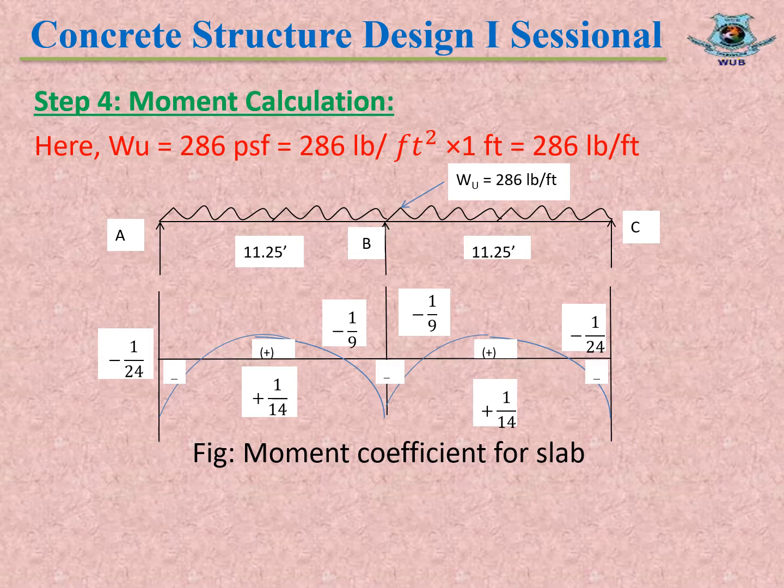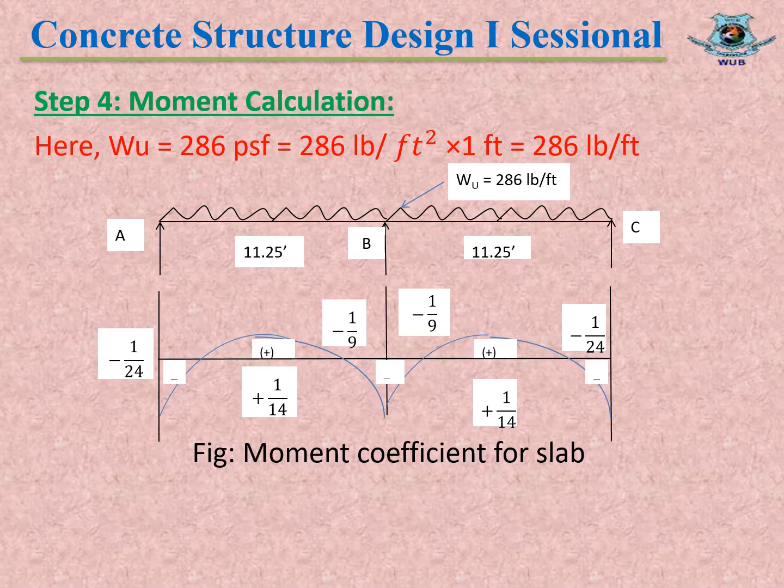Step 4. Moment calculation. Total load Wu equal to 286 psf into 1 feet equal to 286 pound per feet. Here 1 feet is the width of the slab. As in one-way slab, we always take width b equal to 1 feet or 12 inch.